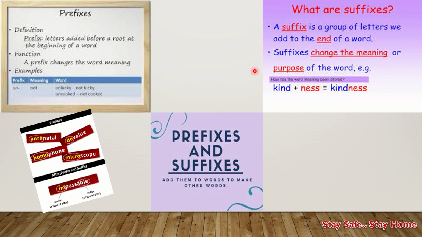The part of speech. If a word is a verb, we might change it into an adjective, into a noun. I'm sorry. If a word is a noun, we might change it into an adjective. Like for example, beauty. We all know what is beauty. Beauty is a noun.